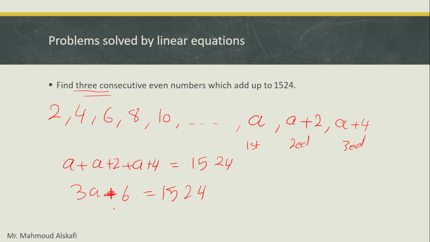So minus 6 from both sides, that gives me 3A equals 1518. Divided by 3, you can use your calculator. A equals, let us find the calculator and solve it.